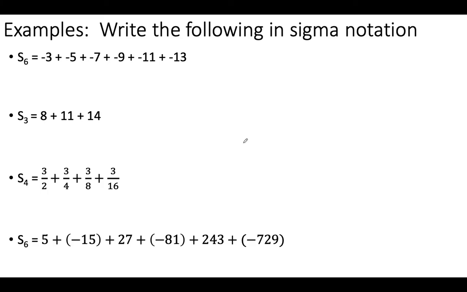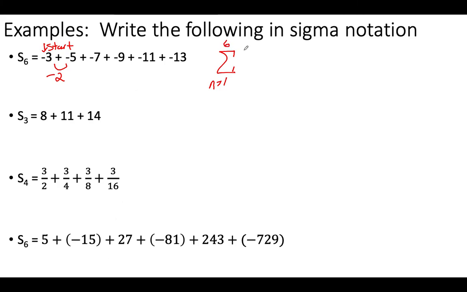And so if I look at this sequence, I notice that I'm subtracting 2 each time. And then I started at -3. And so when I write this in sigma notation, I start at 1, and I have 1, 2, 3, 4, 5, 6 terms.